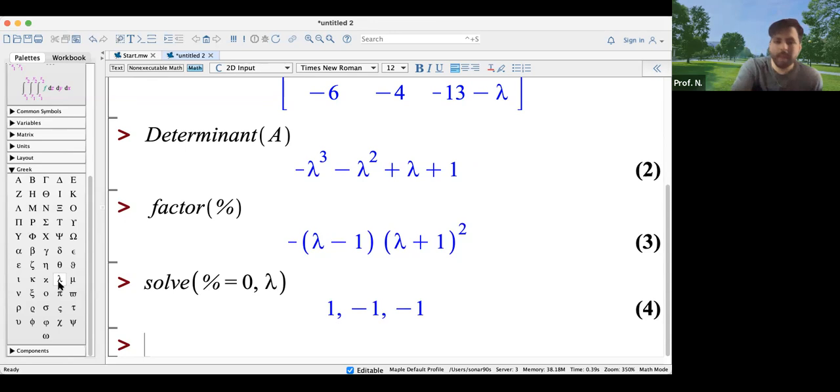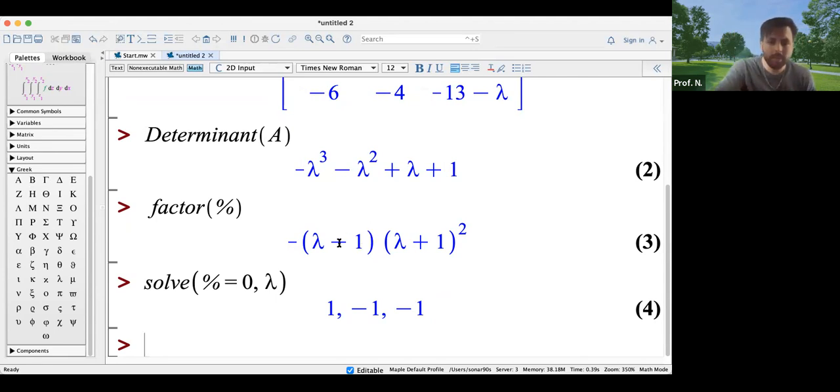Okay, so those are my eigenvalues. And then I want to find the, let me see, can I do row reduced echelon form? I'm pretty sure I can. That would be very helpful. Oh, it does work. Okay, so you could do that.